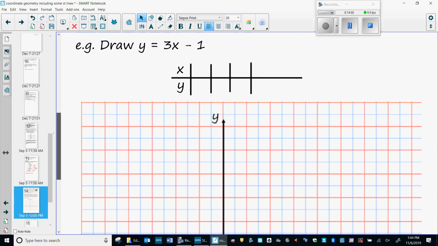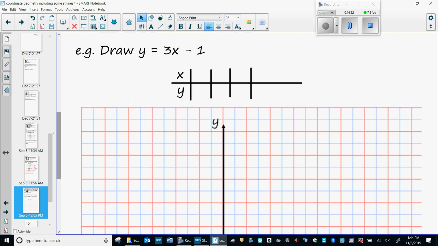When you're choosing your x values, I would go for smaller numbers. If you need to find an additional one because you don't need to go off the graph, then you can do that. But I would go with small numbers.